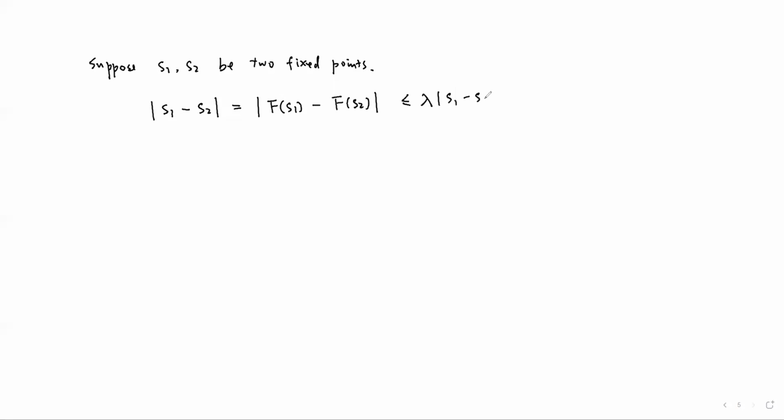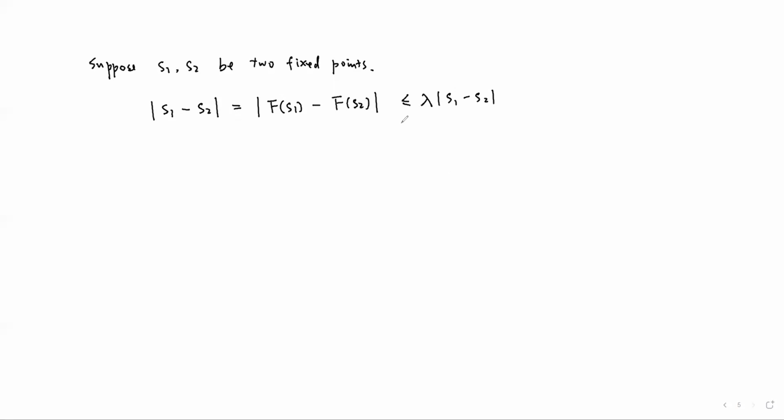Because lambda is less than 1, s1 and s2 satisfy this inequality. The only possibility is that s1 and s2 are equal.